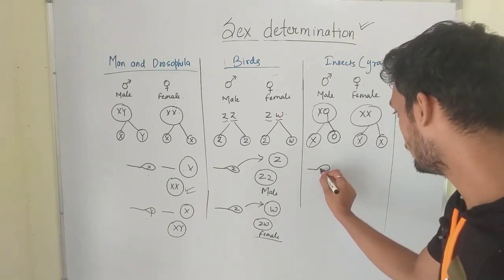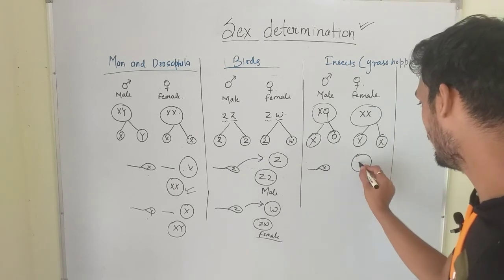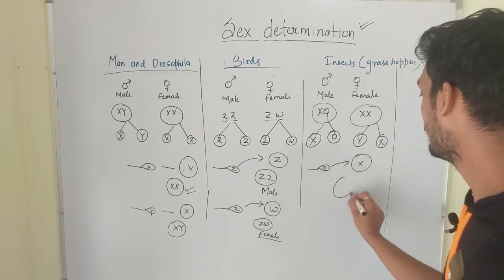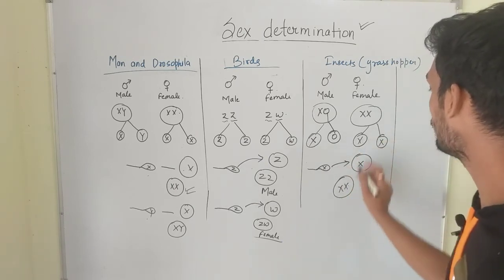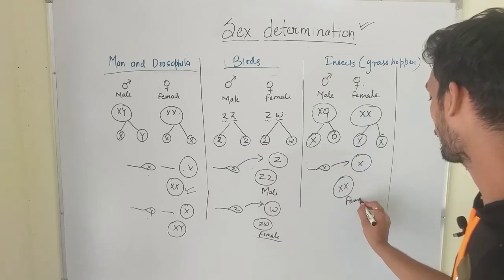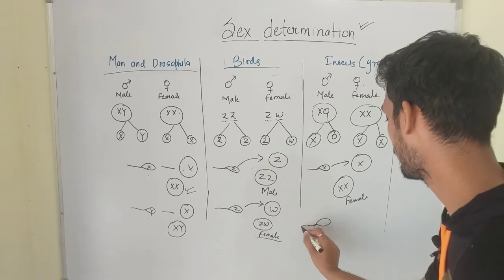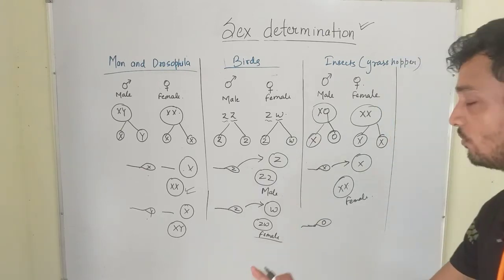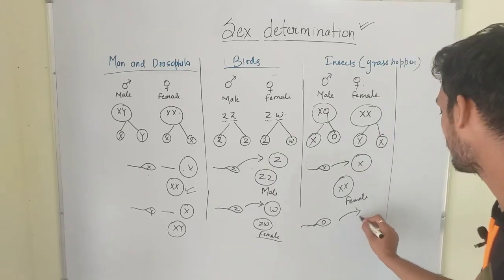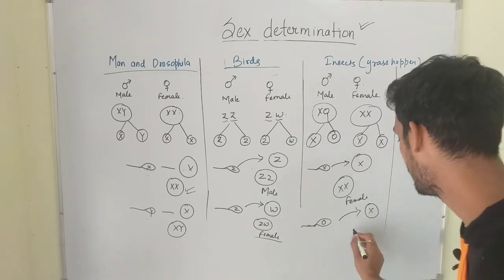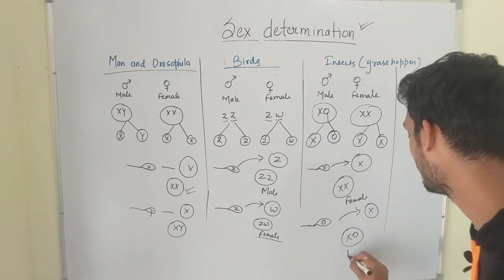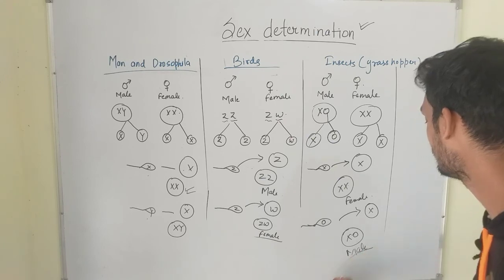So if the sperm with an X chromosome fuses with the egg, it will form X and X type, and it is a female, isn't it? And if the sperm that has no chromosome fuses with an egg, it will form X and 0 type, and it is a male, isn't it?